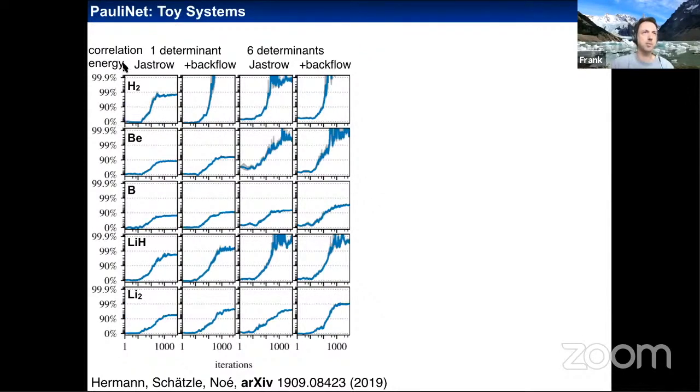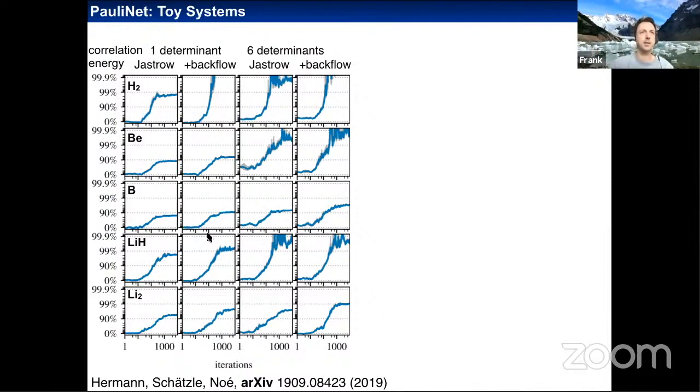Then here we just plot, on a logarithmic axis, the error, or 100% minus the error. Every decade here is essentially one order of magnitude more accurate. So you can see here how the accuracy increases with the number of quantum Monte Carlo steps, iterations.